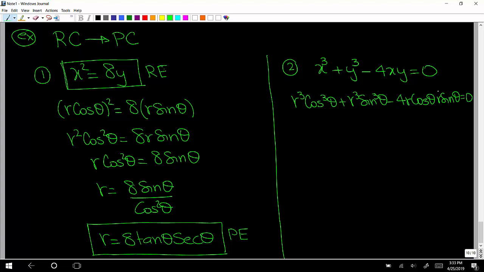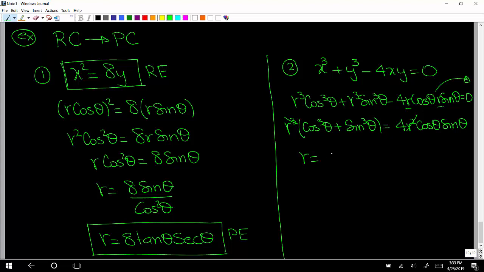Okay, I'm going to move this term to the right hand side of the equality, and I'm going to factor out the r cubed here. So we get 4r squared cosine theta sine theta. I multiplied these r's here. I can cancel this with this.